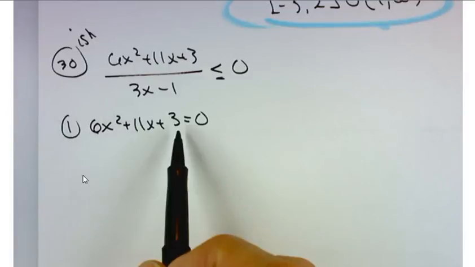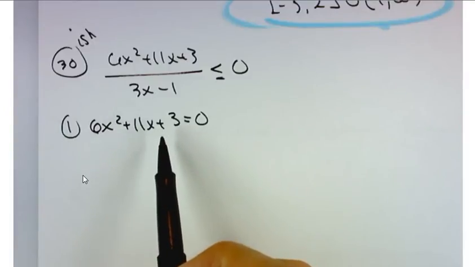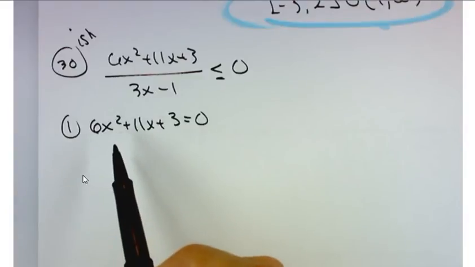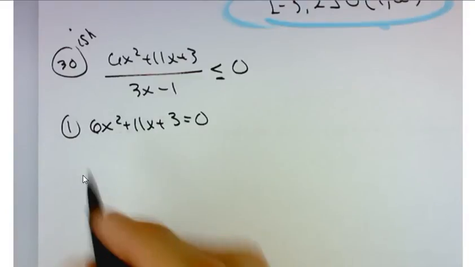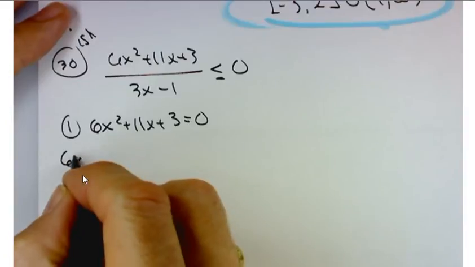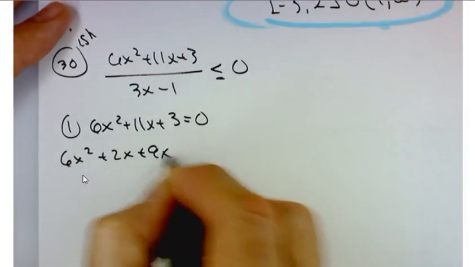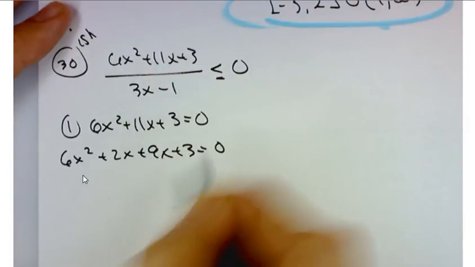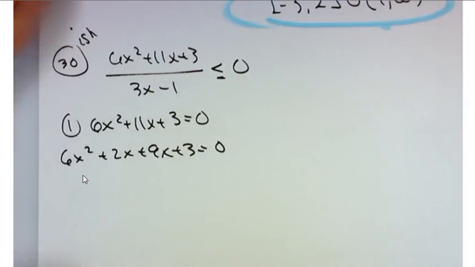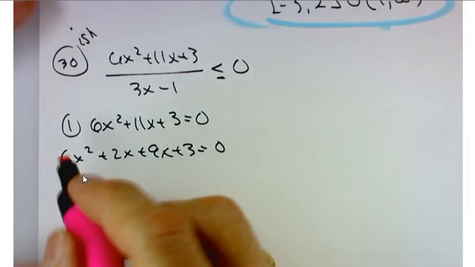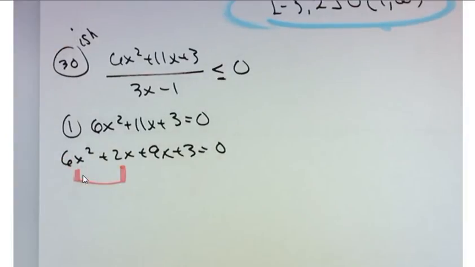6 times 3 is 18. Two numbers that multiply to 18 and add to 11. 9 and 2. Yeah, 9 and 2. So I'll write that as 6x squared plus 2x plus 9x plus 3 equals 0. The first pair share a common factor of 2x.